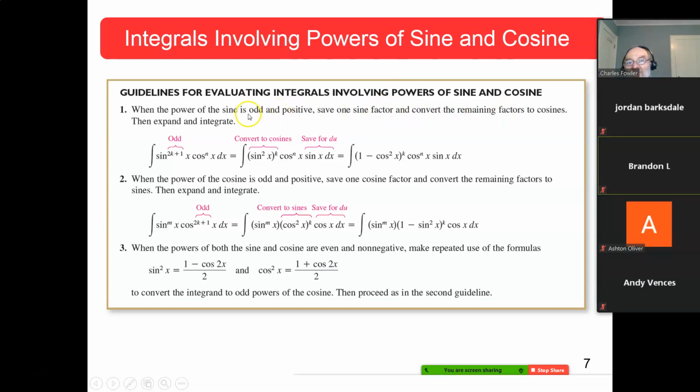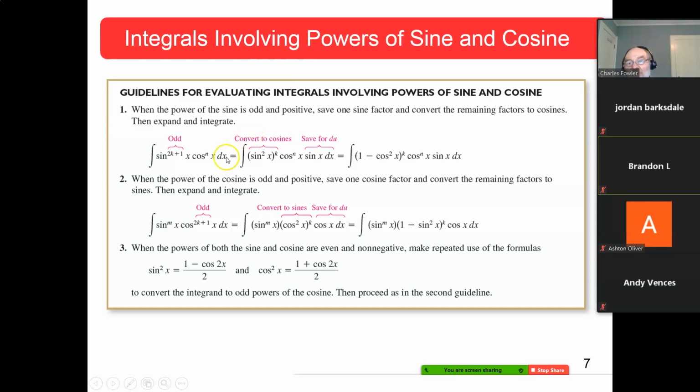Because if the power for sine is odd but positive, so the fifth power, pull out one sine. That leaves you sine to the fourth power. Well, sine to the fourth power, we can use your Pythagorean identity to simplify.